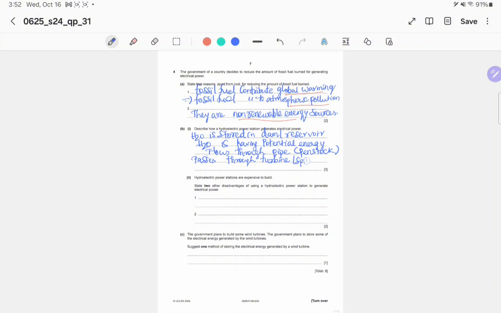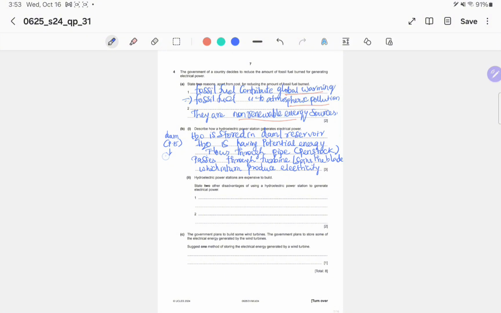It spins the blades in the turbine, which in turn produces electricity. So first, in the dam, water is stored, having some potential energy.